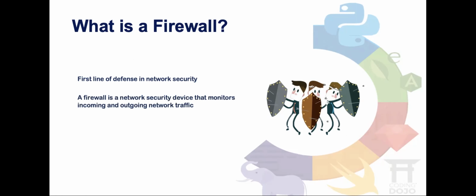Now, a firewall is a network security device that monitors incoming and outgoing network traffic. Then it is also able to decide whether to allow or block specific traffic based on a defined set of rules. It is the first line of defense in network security.